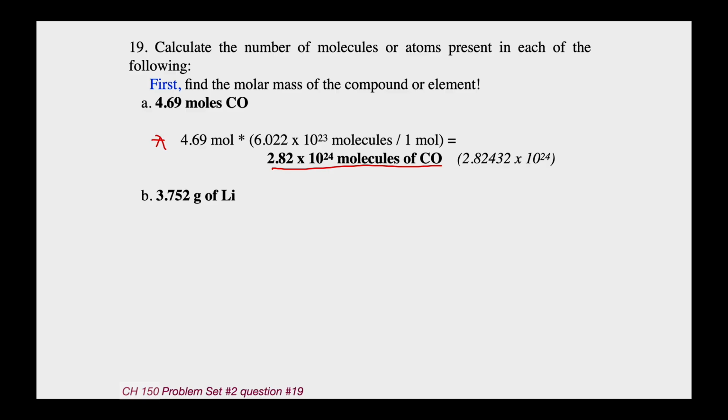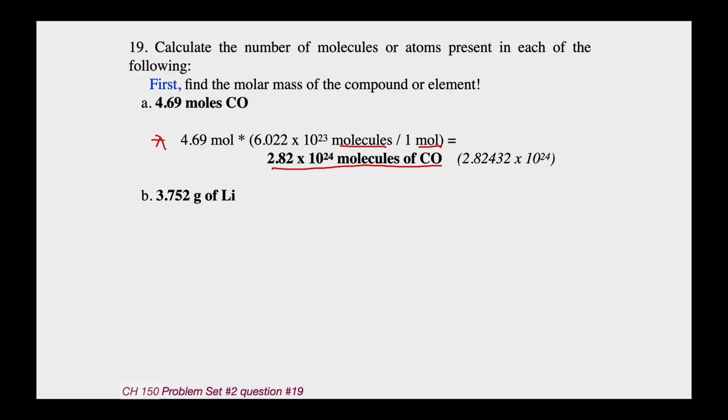However, on the second one, B, we will need the molar mass of the element. Notice in the second one, we're starting with grams. And Avogadro's number allows you to go from moles to molecules, or atoms in the case of lithium, but we have to get to moles first. So on B, we will have to go grams to moles first, and then we can use Avogadro's number to find the number of atoms.